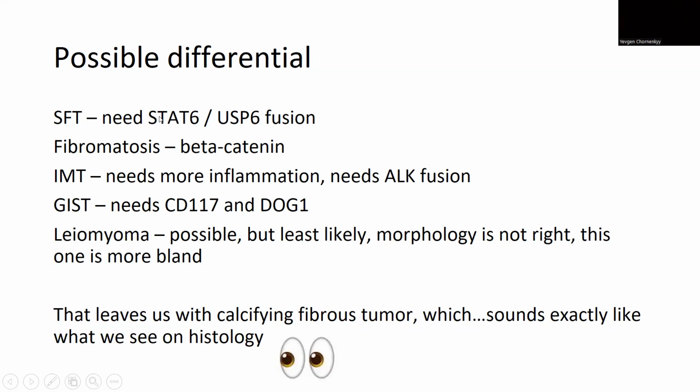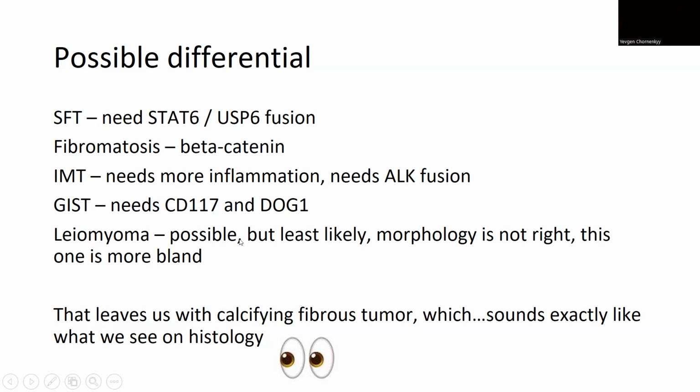With this one, that paper said your differential includes these, and you could rule it out by getting STAT6 fusion, which, if negative, will generally rule out SFT. Fibromatosis, you get a beta-catenin. IMT, you could send for ALK, but there are ALK-negative IMTs as well, so that's something to know about. You get CD117 and DOG1, and if these are all negative, you're ruling these diagnoses out.